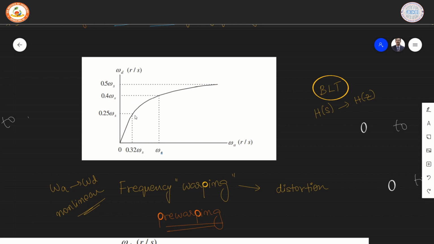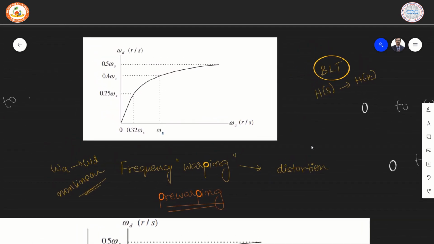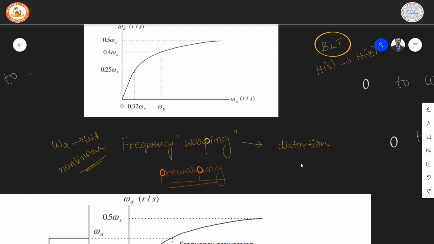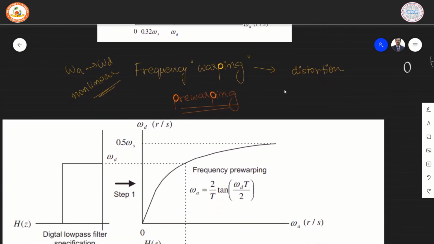This non-linearity in the relationship between omega A and omega D is termed frequency warping. Warping is nothing but a distortion or bending exhibited in the relationship. Ideally, we wanted the relationship to be linear, but here it has a non-linear section. To overcome this problem, we can go with the method called pre-warping.